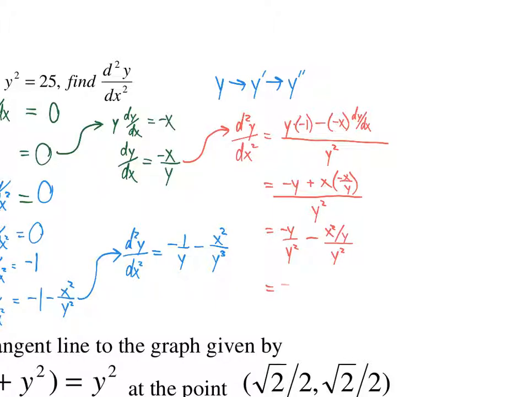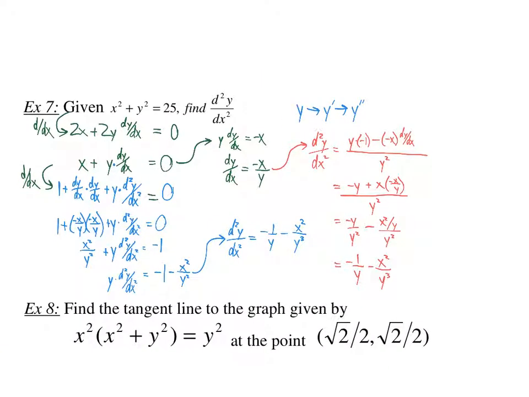That simplifies down to -1 over y minus x squared over y cubed. Same thing we got. Which one's easier? I don't know. Depends on what you see. But that's the cool thing about math. You could do the same thing two different ways and you still get the same results at the end.